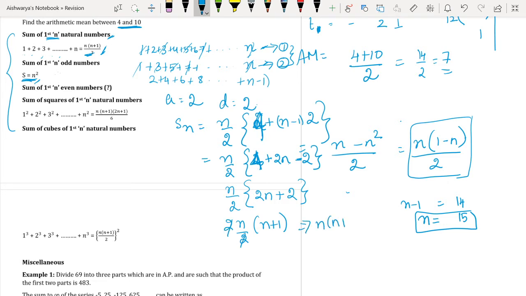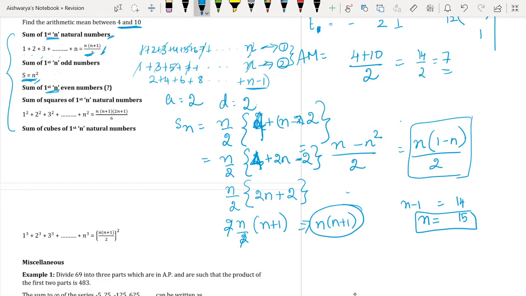N into n plus 1 you will get as the answer. Here n won't be n minus 1, because the question is sum of n even numbers. When I'm arriving at a formula, we can use this. It depends on the question. If the question says the last term is n minus 1, you take n minus 2 here. Accordingly, you just change that.